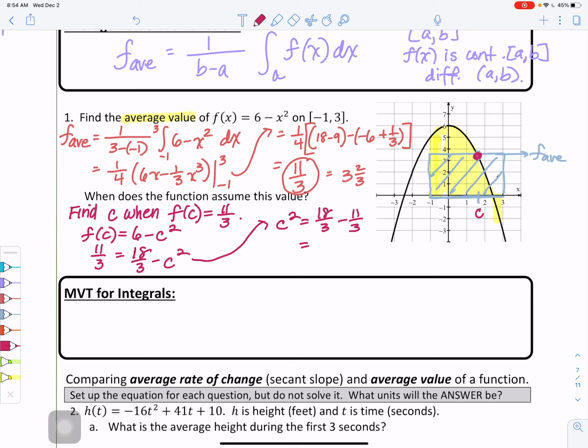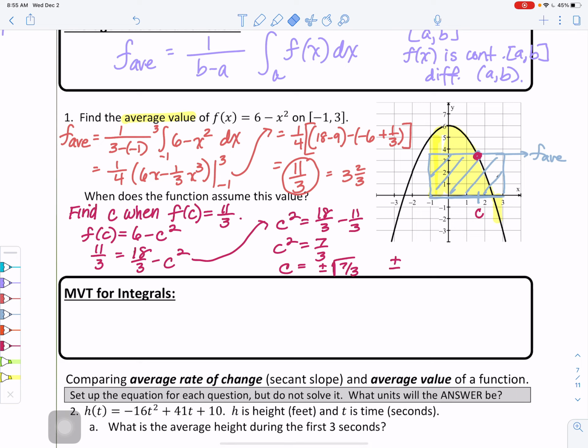So we're going to get c squared is equal to 18/3 minus 11/3. So c squared is 7/3. So c is plus or minus the square root of 7/3. We're going to go ahead and take the plus one because we're over here on the right in our interval.